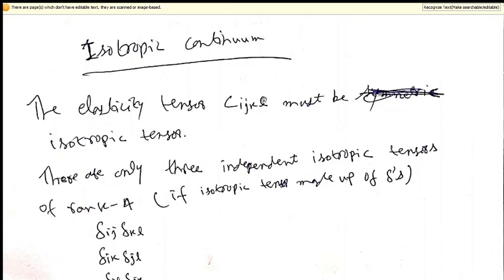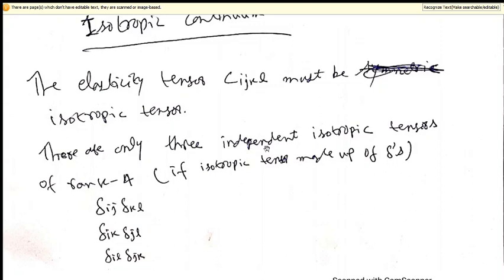As we are saying this is isotropic, we can also look at some other isotropic tensor which has order 4. You know that there is the Kronecker delta tensor of order 2 which is isotropic. Now, what isotropic means, I think I have explained from the start.